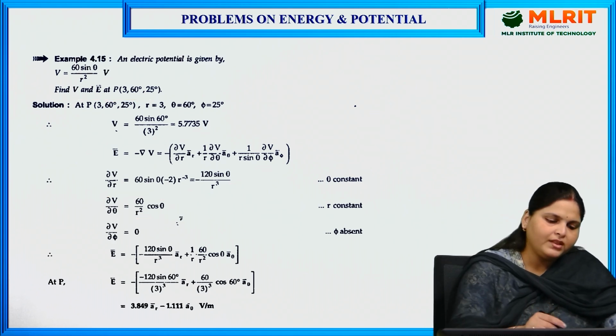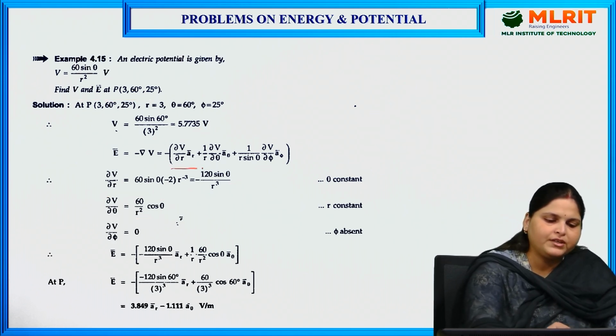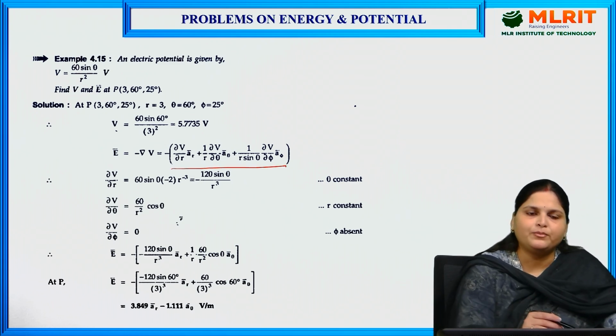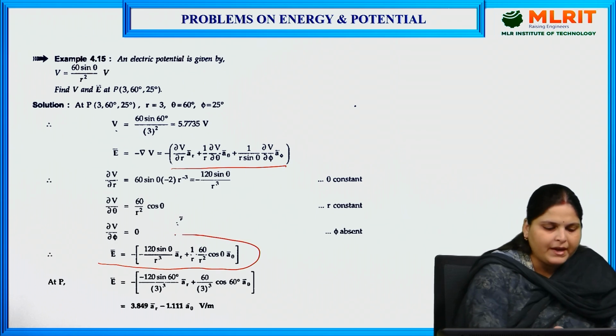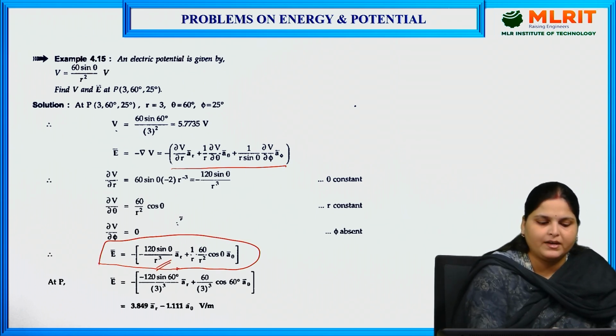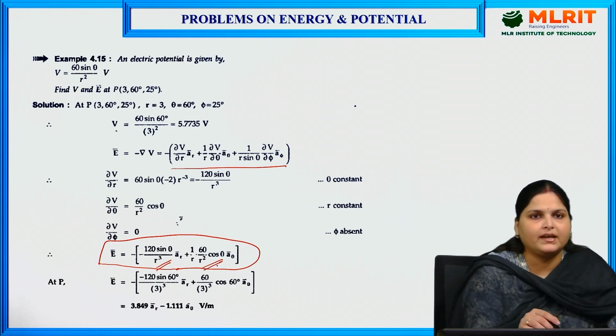Now all these terms we have to put into this equation, and after putting them in, we get E is equal to minus 120 sine theta upon R cube AR plus 1 upon R times 60 upon R square cos theta A theta.